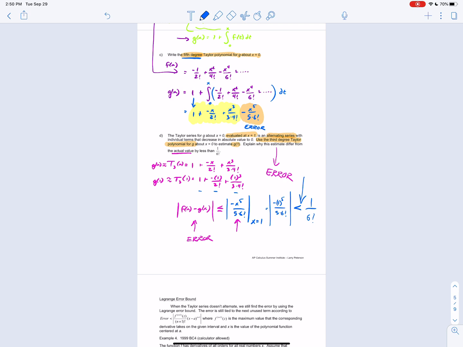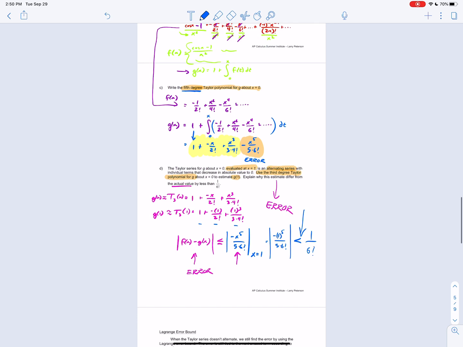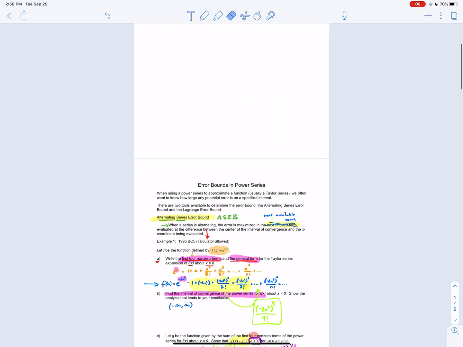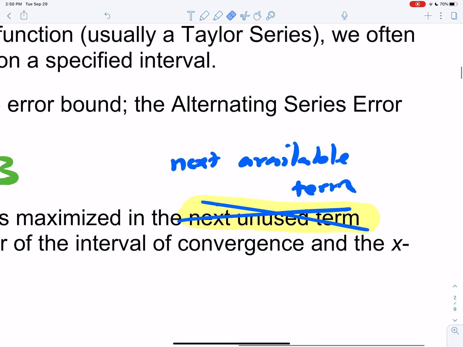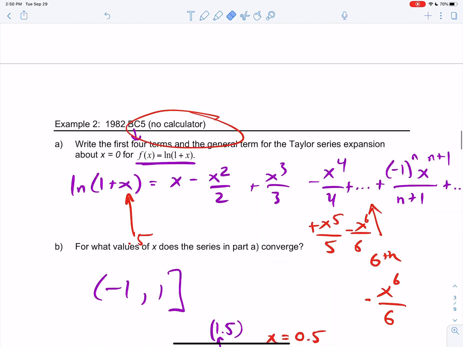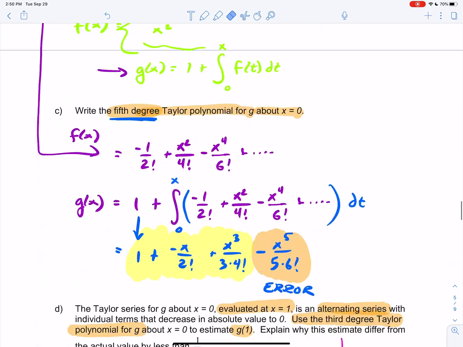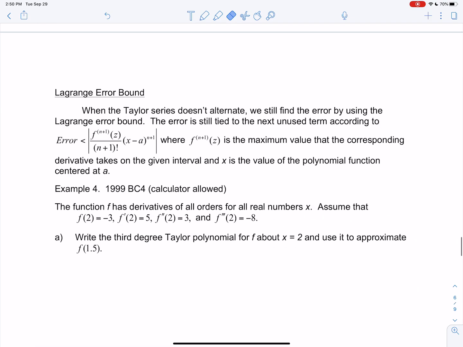Here's the last part. So, alternating series error bound, you use it when there's an alternating series. We always use the next available term. Alternating series, next available term. Now, when your series is not alternating, you resort to this guy over here, the Lagrange error bound. So I'm going to tell you right now, the Lagrange error bound you use when your series is not alternating.